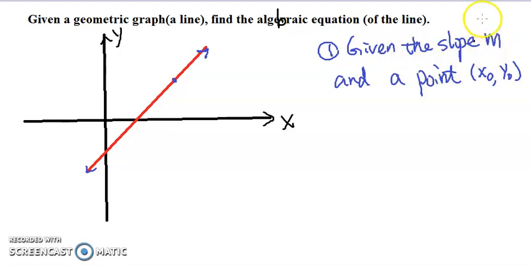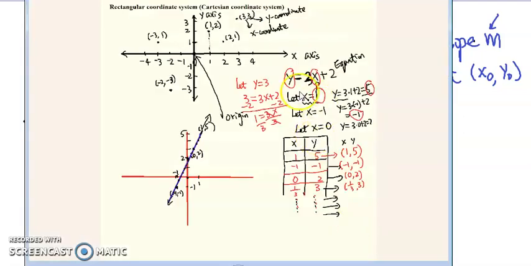Again, the slope is given, which means, say, m is like 2 or 2/3, something like that, and the point could be 1, 2, or 3, -7, something like that. So these are numbers we will be given. The question is, how do we find the equation? Sort of like y equals 3x plus 2 or something else.